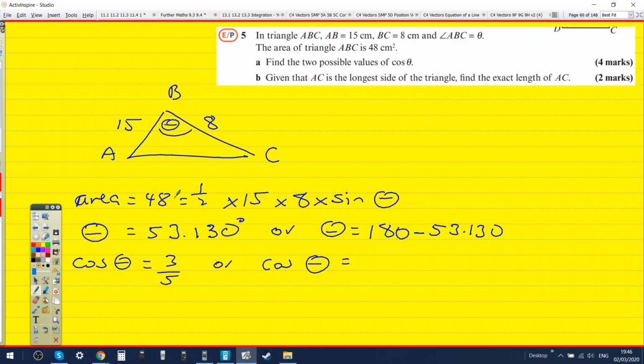So I've got that answer here again, and then what am I supposed to do? We want the second answer, and so it is 180 minus the first one. Right. So it says the answer is 126.9. And so cos theta will be minus 3/5. Great.